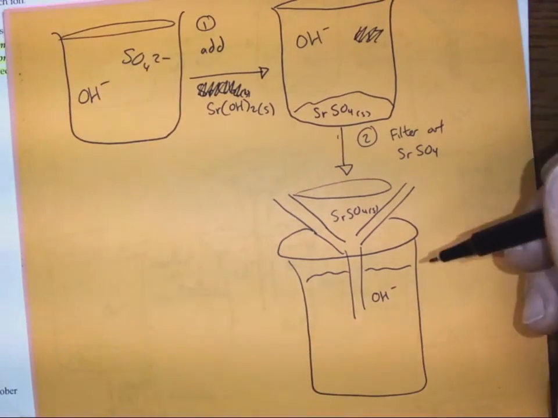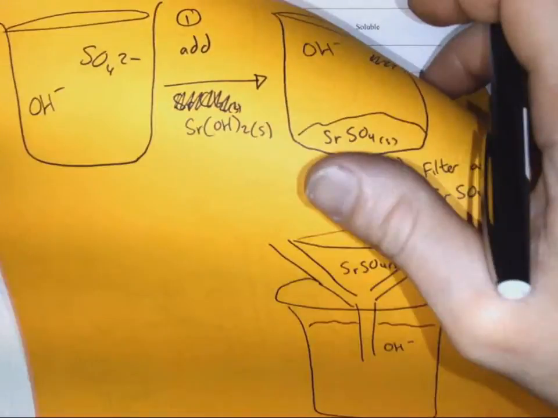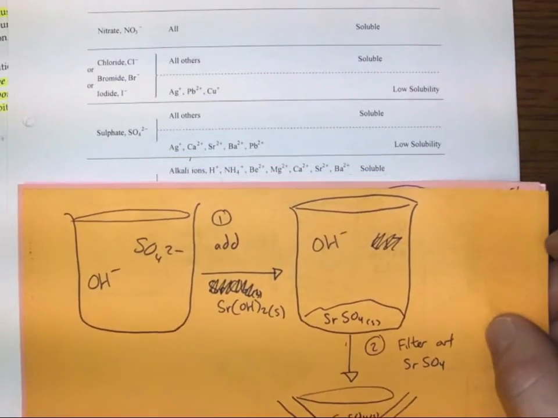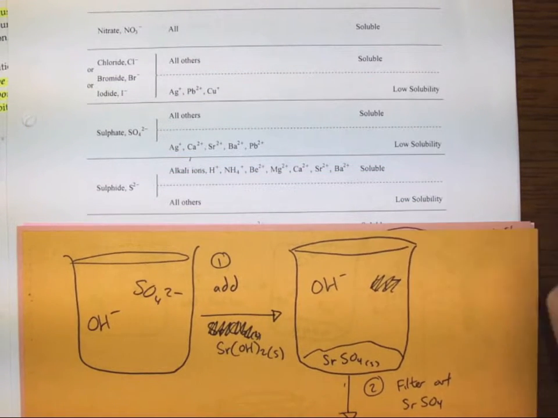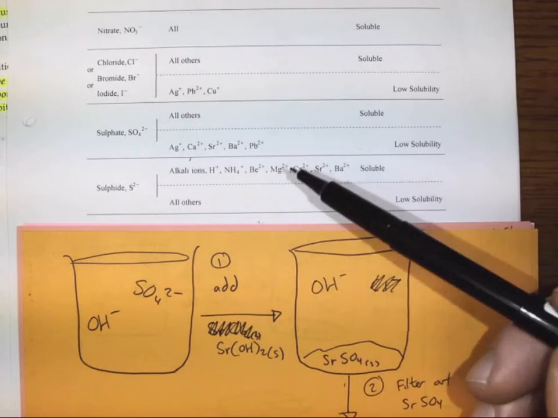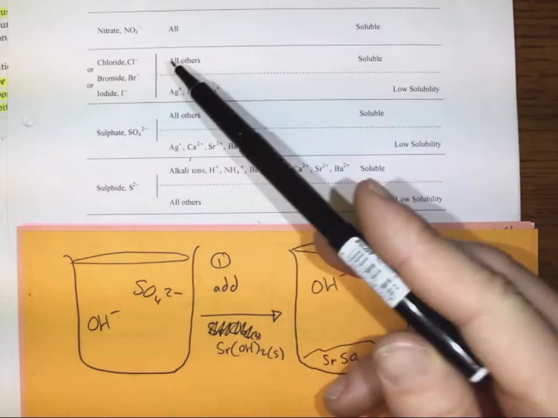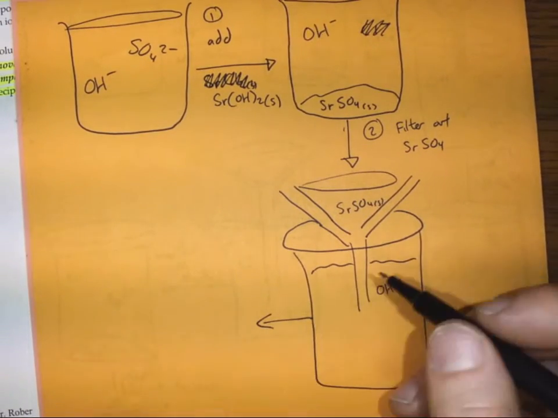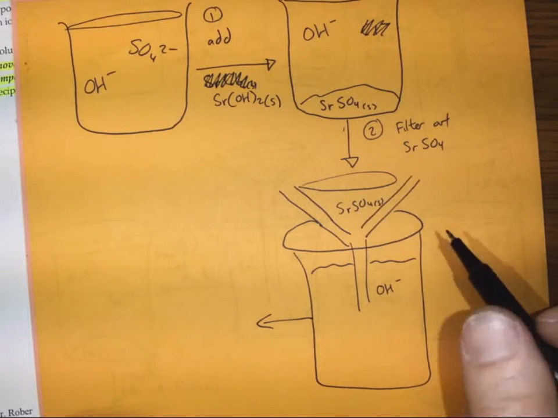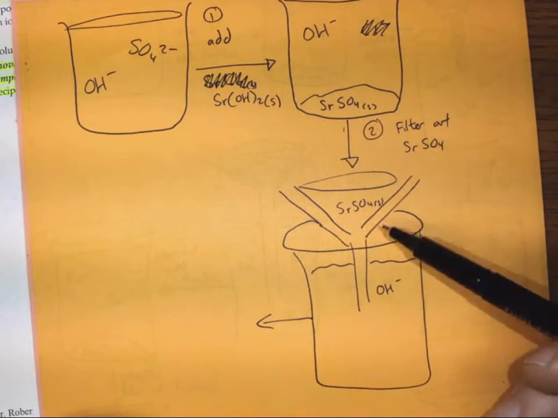But what can I add that's going to bind to hydroxide? What's copper soluble with? Copper 2 is soluble with sulfide or chloride. So I'll add some chloride anyway. Well, I guess I could have kept the chloride in. I guess it didn't matter. No, wait, it did then.